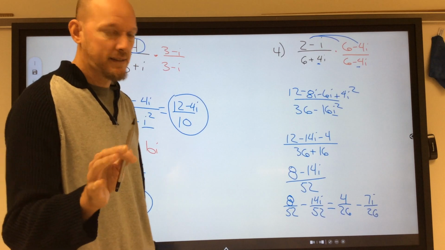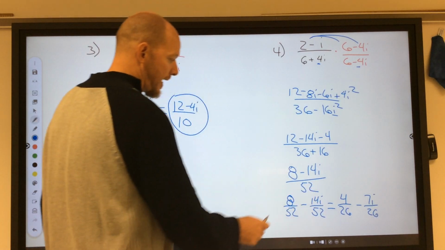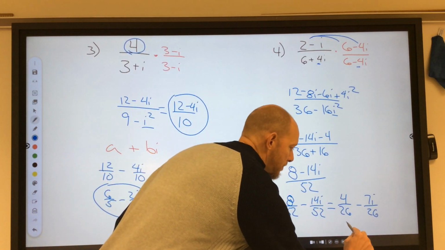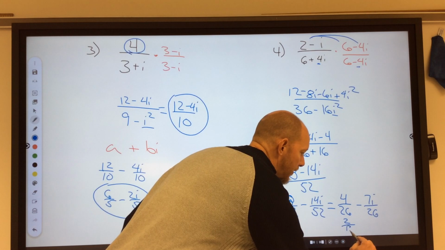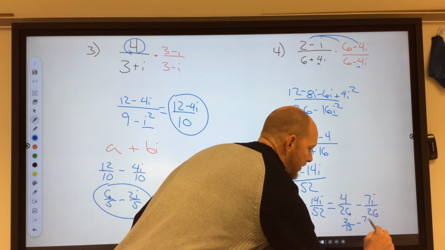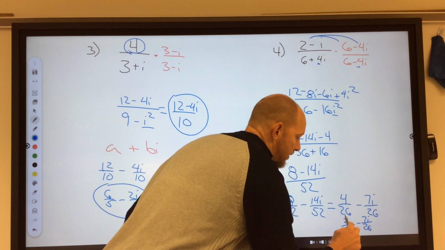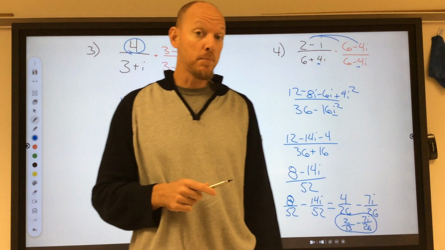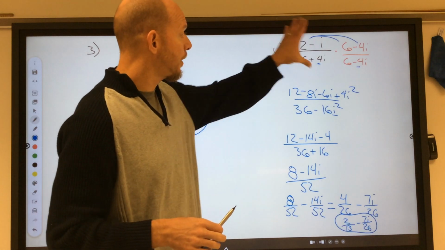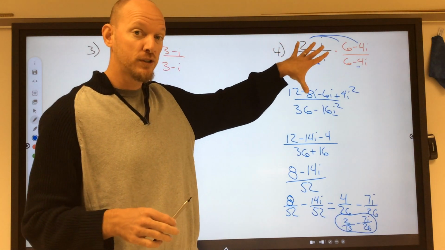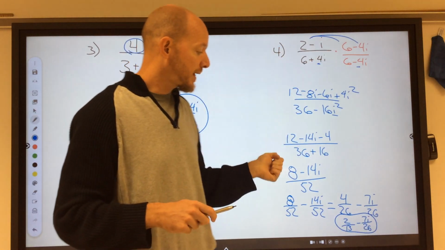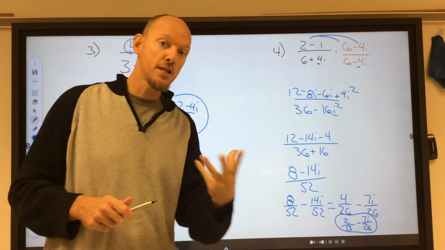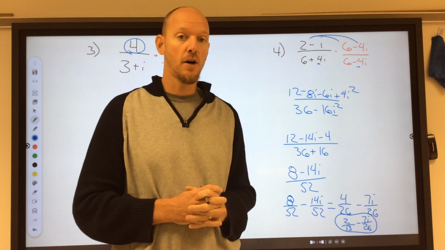But we can go one step further, and simplify the first term to be 2 over 13 minus 7i over 26. As you can see in this problem, not only do we have additional steps in the beginning portion, but when it comes down to the simplifying portion, make sure you simplify the final result completely.